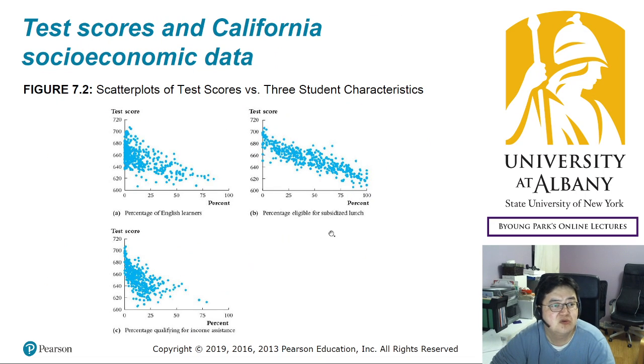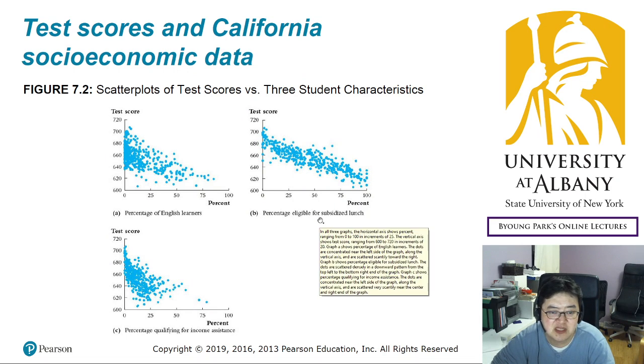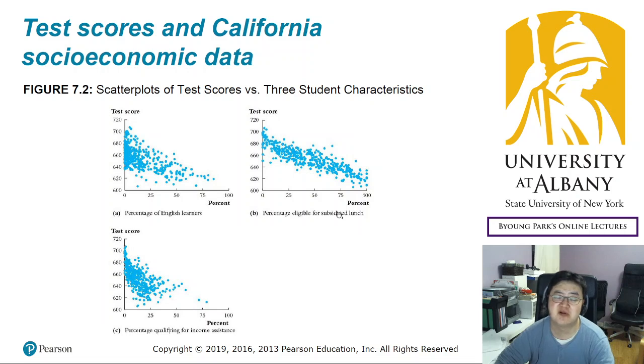Right. Also, it is helpful to make a scatter plot. The percentage of English learners has a very strong relationship with test scores. Even stronger is the percentage eligible for subsidized lunch. So the percentage of free lunch has an even stronger relationship with test score. And this is the percentage qualifying for income assistance.